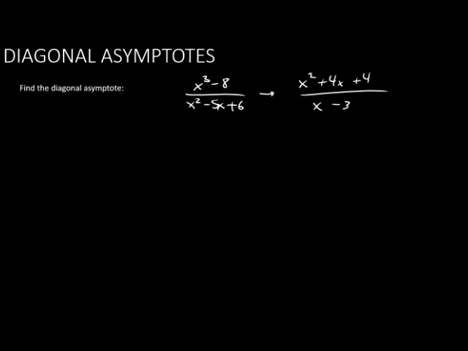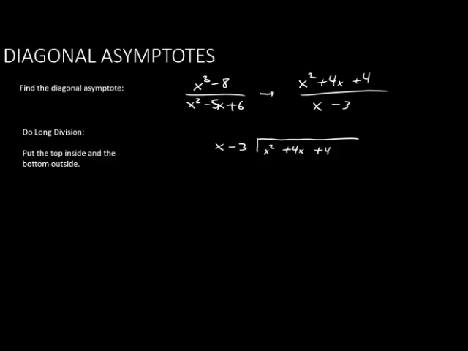To find the diagonal asymptote for this rational function, we'll again use the simplified form and we'll do long division with it. We'll put x squared plus 4x plus 4 inside and then x minus 3 outside. Therefore, inside of our division symbol, we'll say x squared plus 4x plus 4. Outside, we'll say x minus 3.